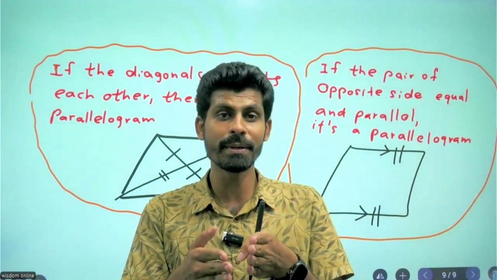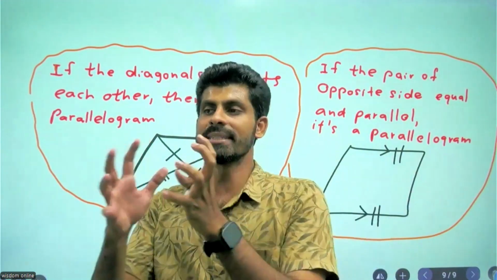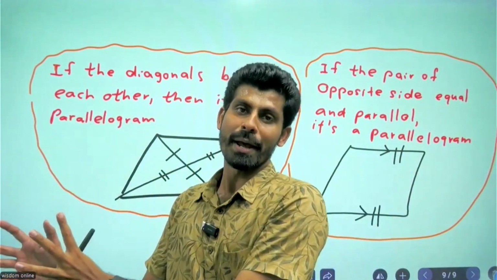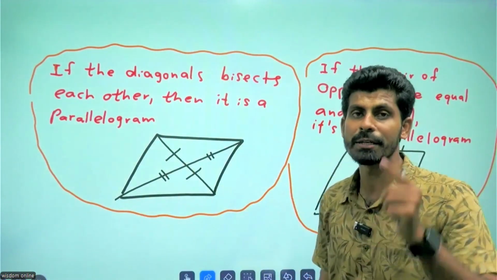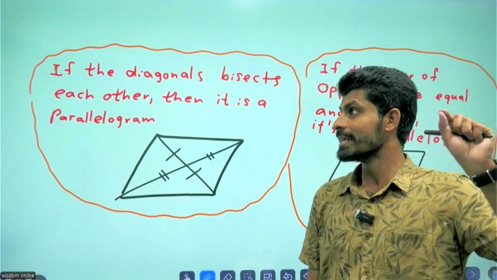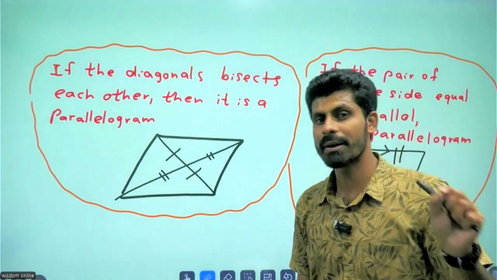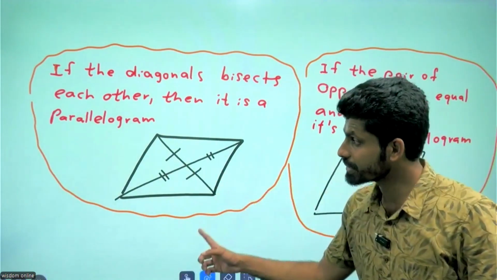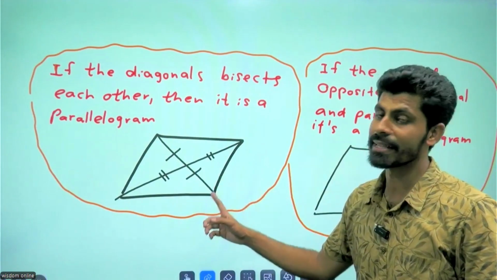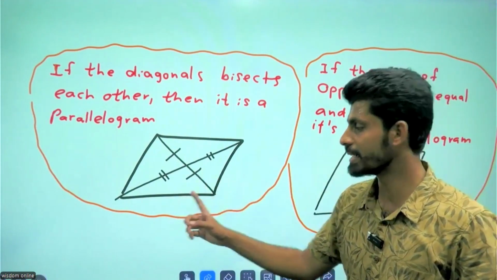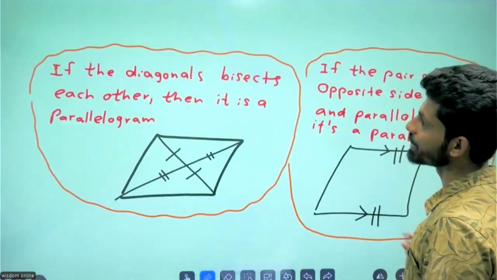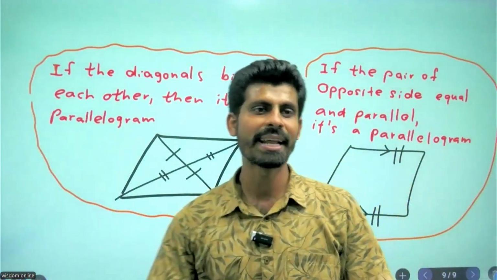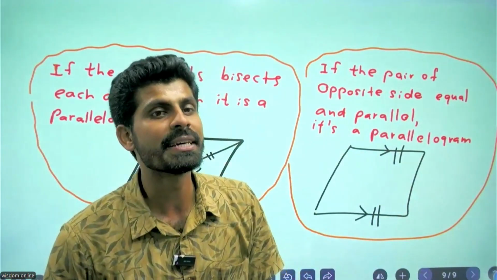Sometimes in the exam they will ask you to prove that a quadrilateral is a parallelogram, so keep that in your mind. You need to satisfy any one of those four conditions, and then you can prove it. Then we can quickly move to the next theorem.